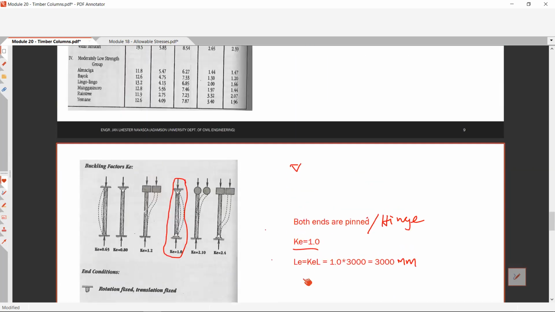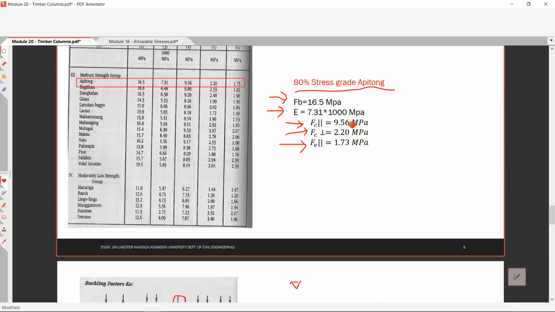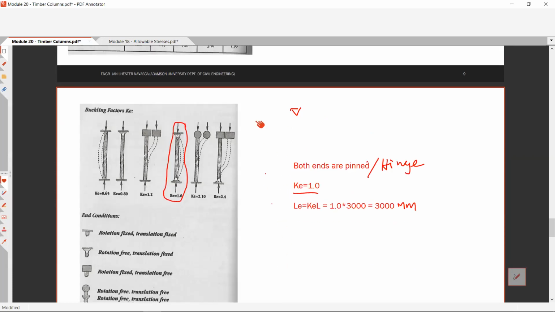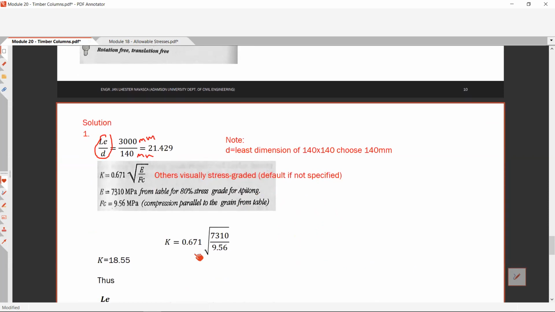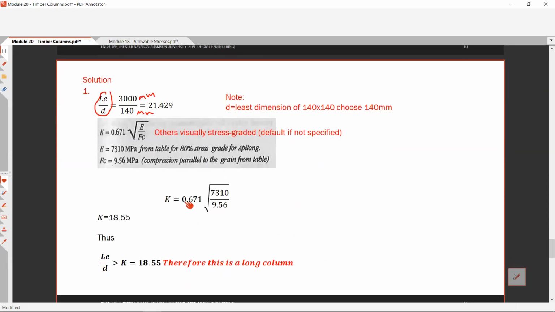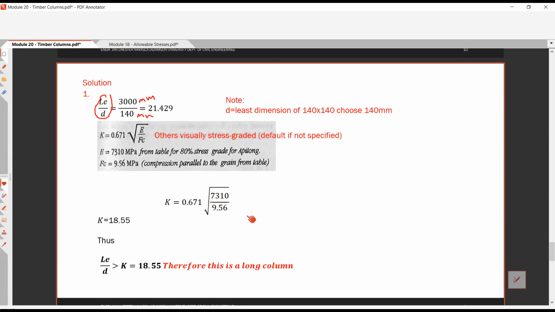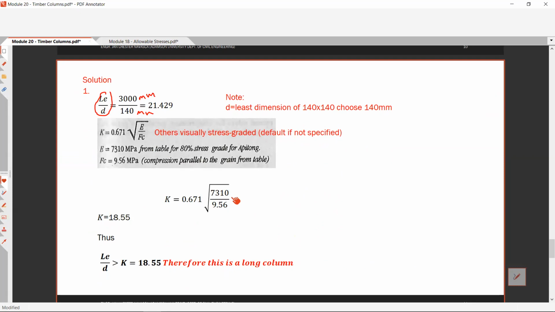So that is your E and FC. Okay, so solve natin yung value of K. We get K equals 0.6271 square root of 7310 divided by 9.56. The value of your K is 18.55. Yan yung value ng K.